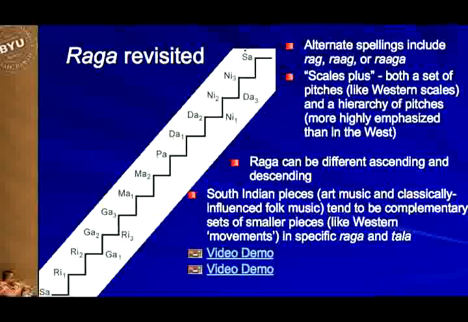Now, South Indian pieces, art music and classically influenced folk music, they tend to be complementary sets of smaller pieces, kind of like movements in Western music. So again, Beethoven writes a piano sonata. It's got a movement 1, 2, 3, and 4.